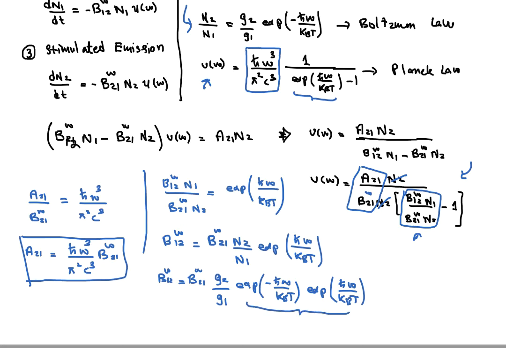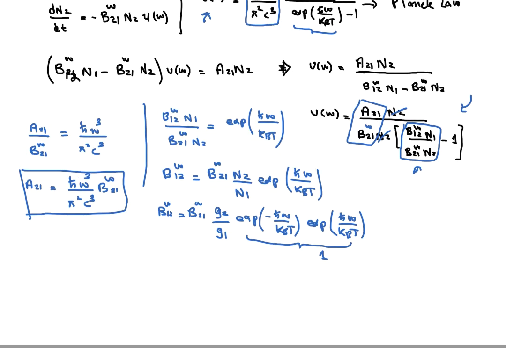This will be equal to 1, and we will be left with B12 omega equals B21 omega G2, and we can multiply G1 here. So this is our second equation.